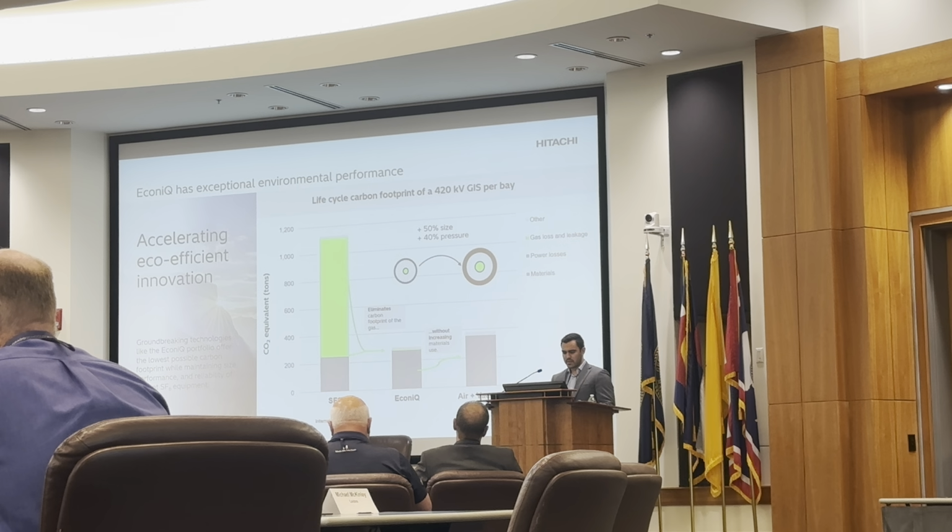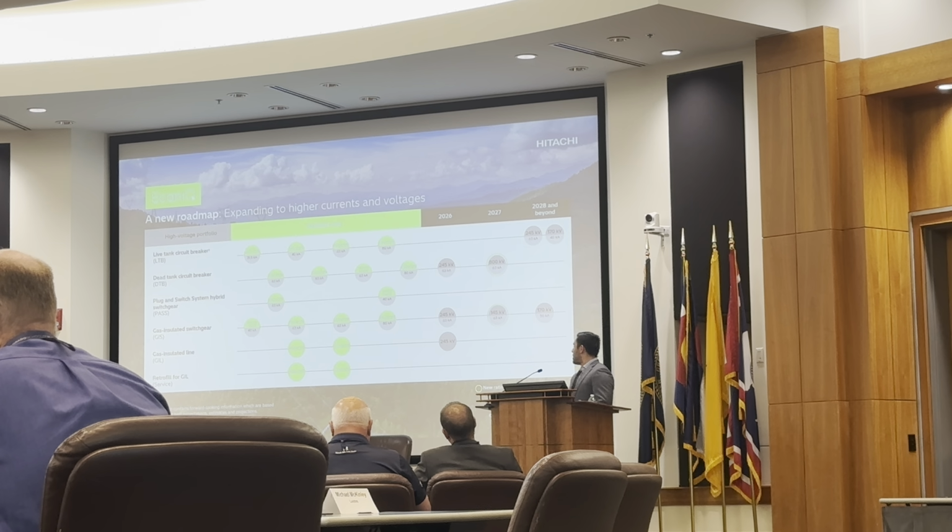And lastly, for our roadmap, we have developed a portfolio of Econic circuit breakers, ranging from live tank breakers, dead tank breakers, our PASS technology, which is our hybrid solution, our GIS, gas insulated line, and we also do retrofitting for GIL, gas insulated line.